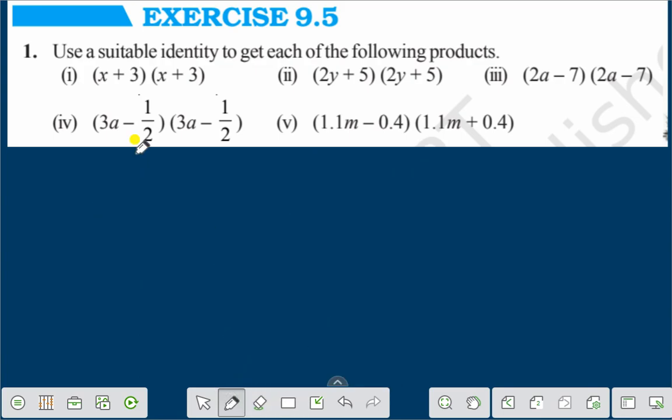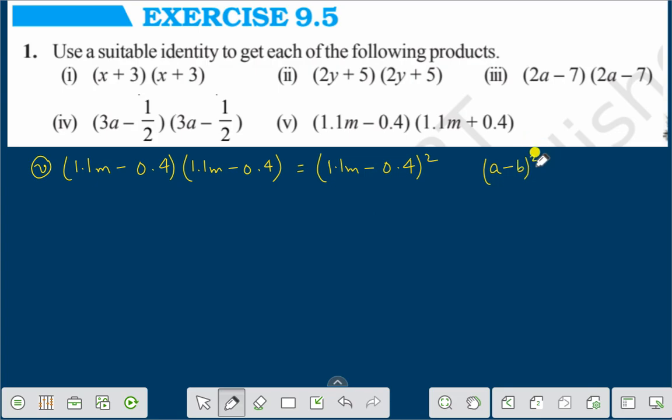Question number 5 is (1.1 m minus 0.4) into (1.1 m minus 0.4), or you can write it as (1.1 m minus 0.4) whole square. We'll apply the identity (a minus b) whole square is equal to a square minus 2ab plus b square.